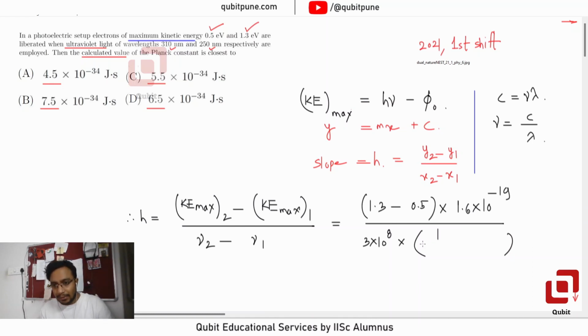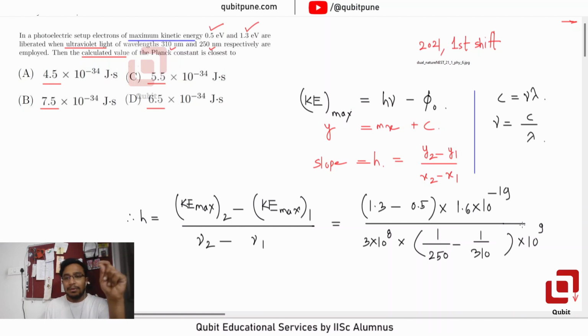We need to take its reciprocal. 1 upon 250 into 10 raised to negative 9 minus 1 upon 310 into 10 raised to negative 9. Now remember that 10 raised to negative 9, which is for that nanometer part, is in the denominator here. So when you write it in the numerator, that will become 10 raised to 9. Hope you understood that.